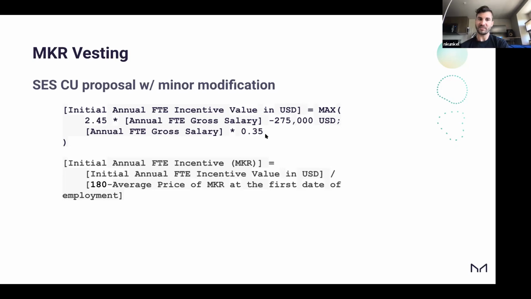And this 0.35 is the minor modification that we made on the SES model, which I think I saw that you guys even adopted this change, and it effectively raises the floor of more junior contributors in terms of the amount that more junior members will receive compared to the original model.